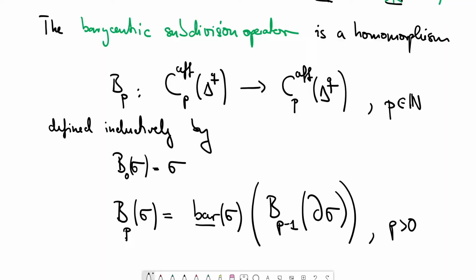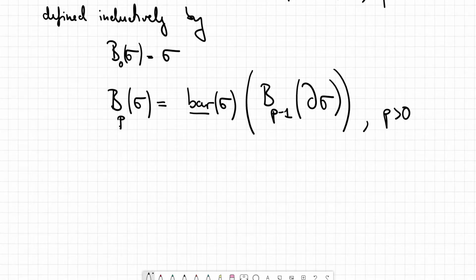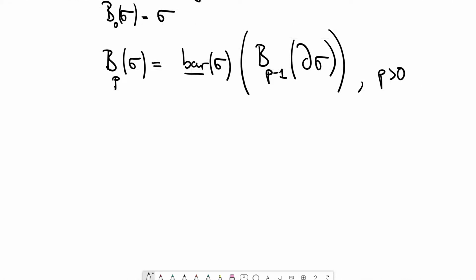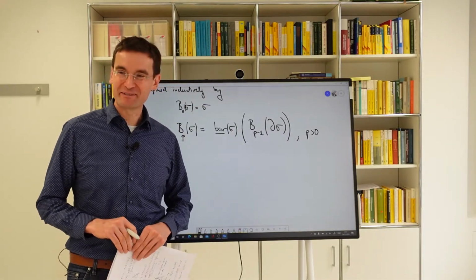We will look at this for degree 1 and 2, and we will see that this corresponds to the geometric intuition that we have about the subdivision. And the good thing about this inductive definition is we needn't worry about the sign that's hidden in the boundary operator.